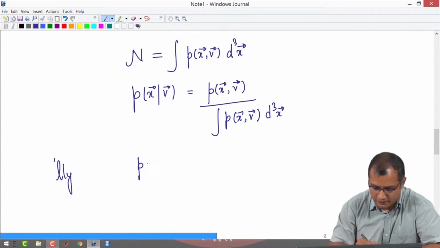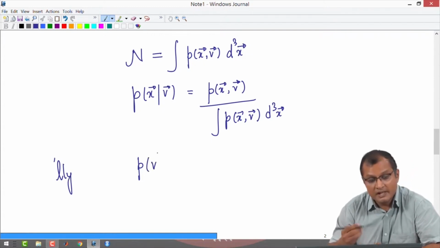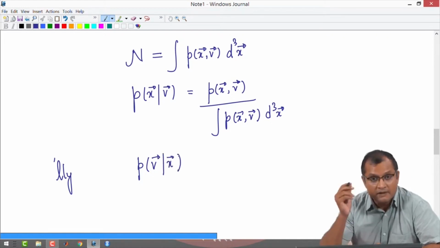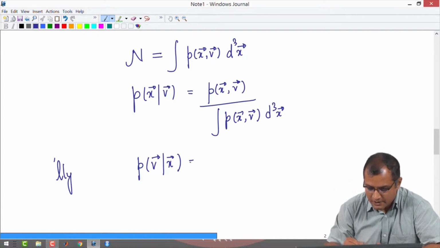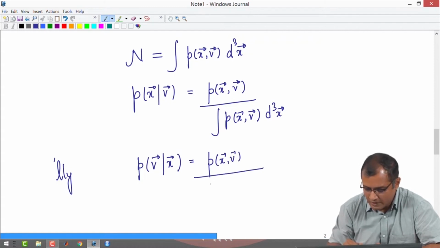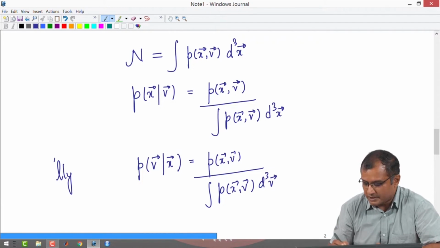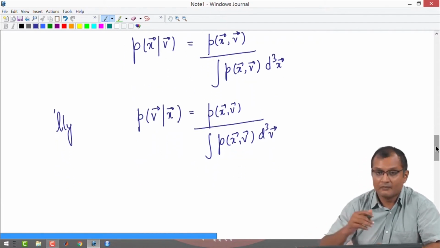You can write down the conditional probability density of velocity such that the positions are fixed to some value x. Naturally, this will come out to be the joint probability density divided by the norm, which is now simply the integration of the joint probability density over the entire velocity.